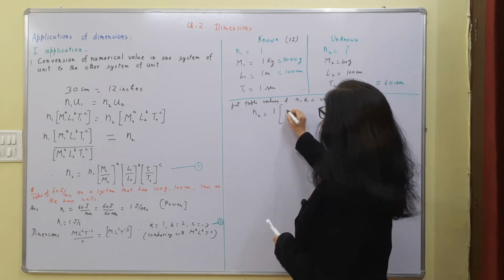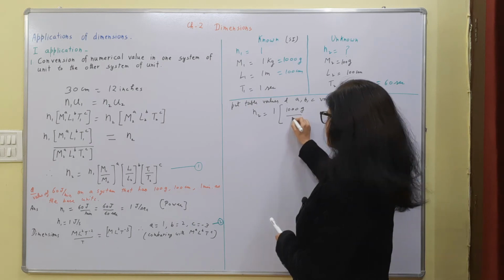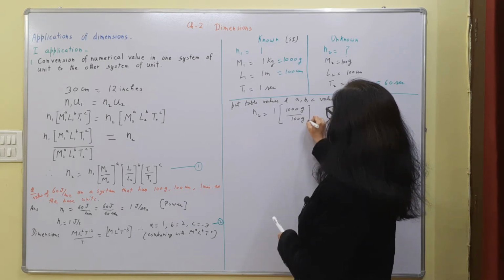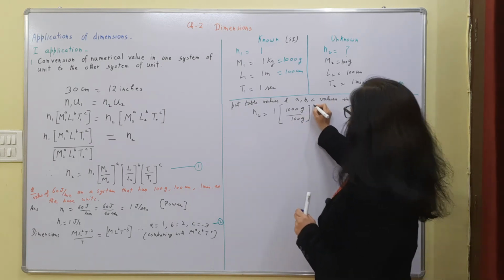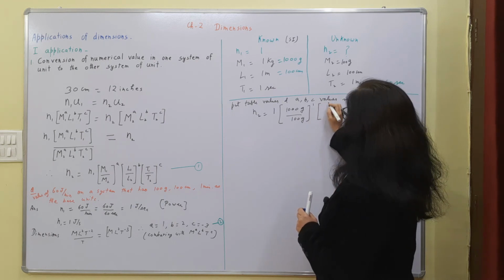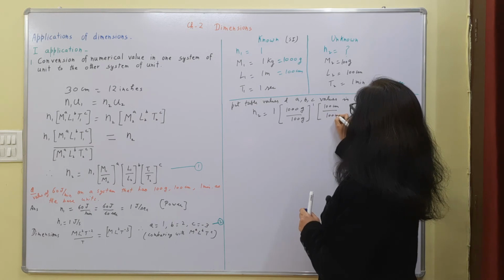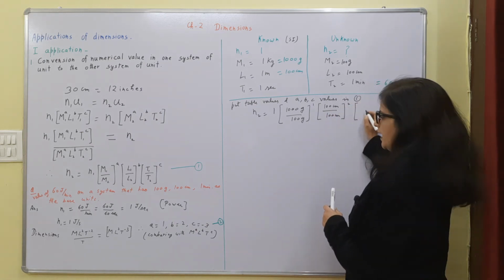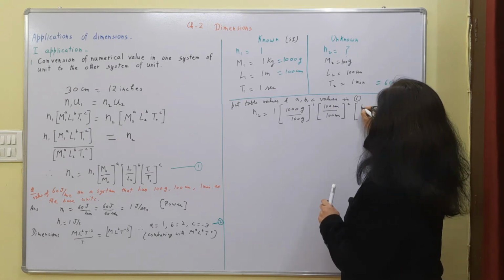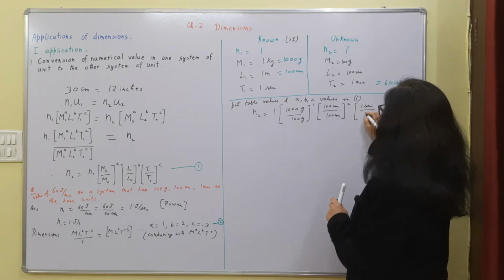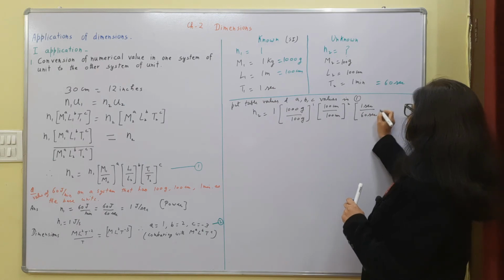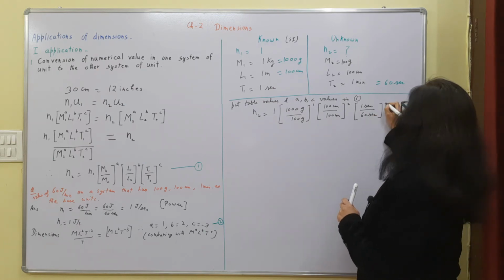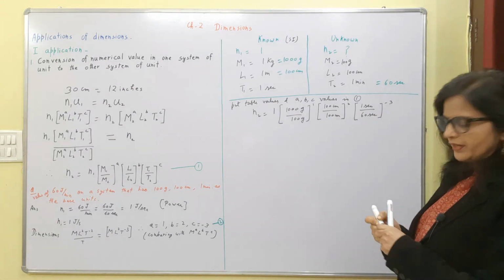So this is M1 upon M2 to the power A, that is 1, L1 upon L2 to the power 2, and T1, that is 1 second, and T2, that is 60 seconds to the power minus 3, right?